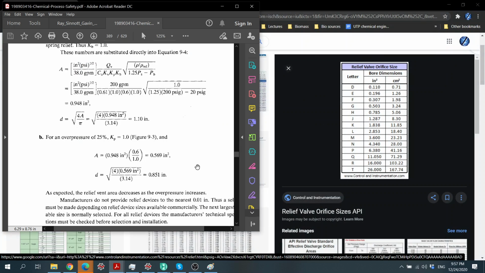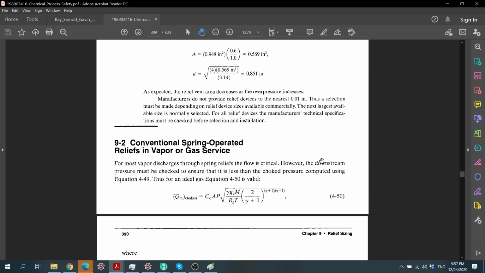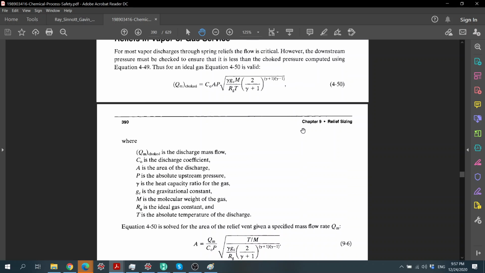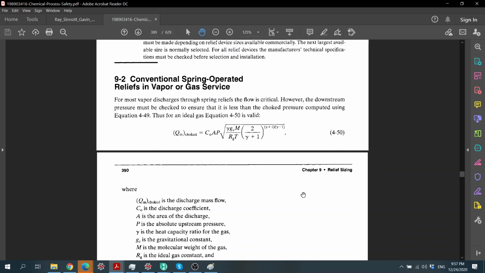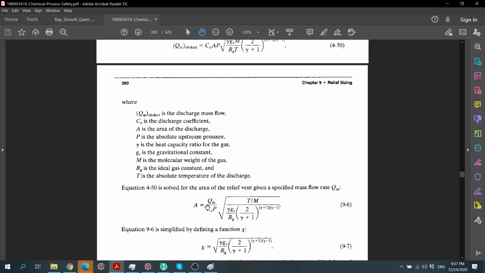The same goes if we do it in vapor. We have additional computations, so we need to know whether the flow is choked or not choked. If the flow is choked, then these are the equations that we have to use for the area.